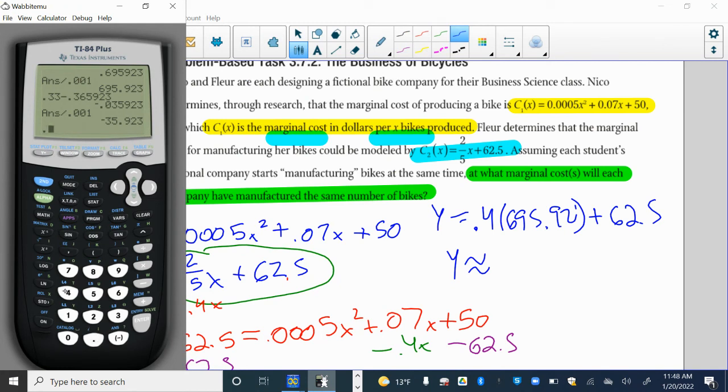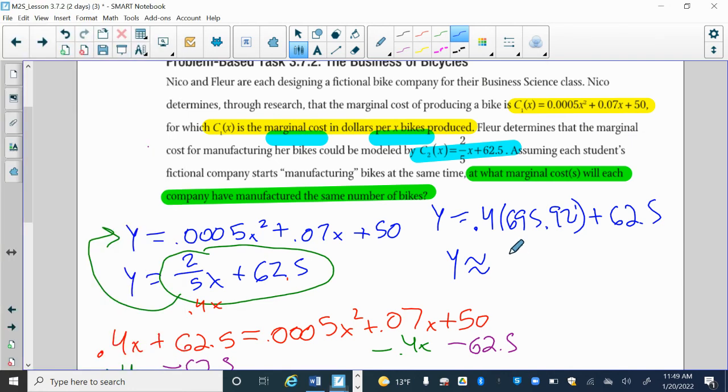So we can say 0.4 times 695.92 plus 62.5. Oops, what did I do wrong? Oh, don't need that. So we get 340.87. So that would be the marginal cost at which the company will have manufactured the same number of bikes, $340.87.